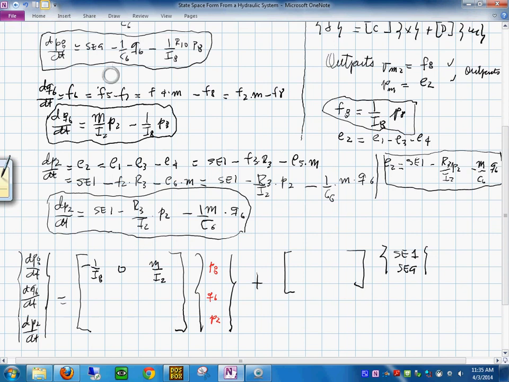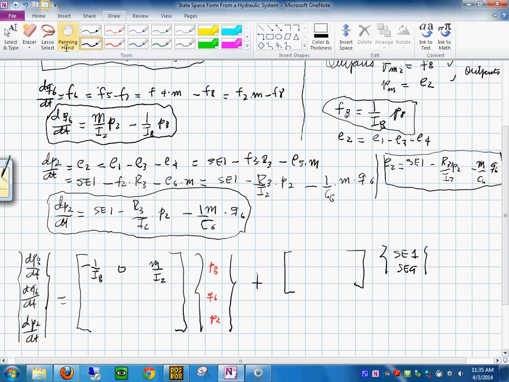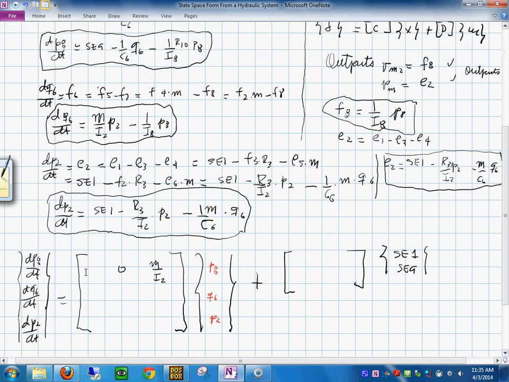No, I am looking at this wrong. Sorry, I was looking at the wrong equation. I was looking at the second one instead of the first. We need to look at this one.